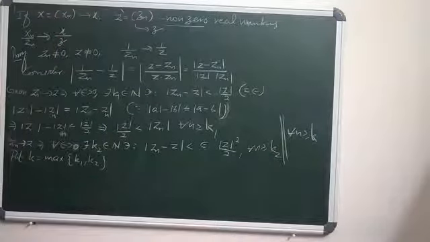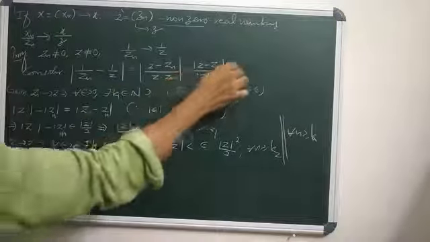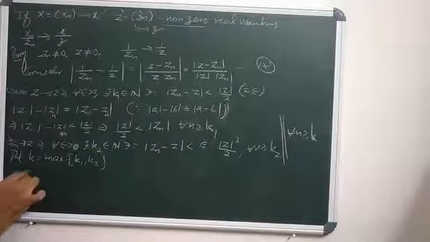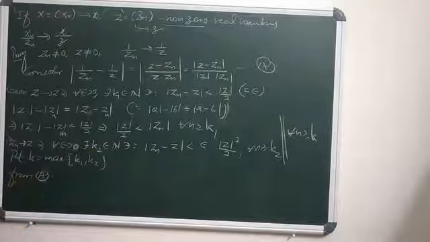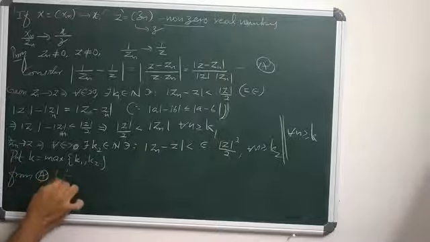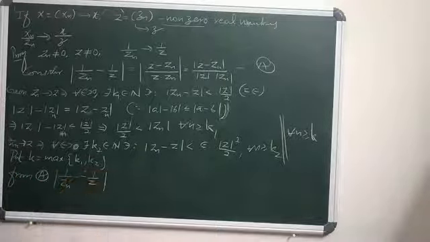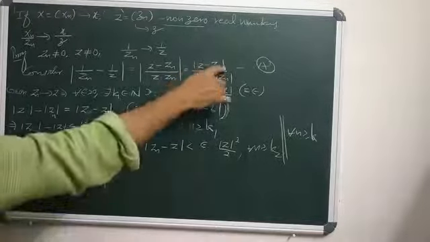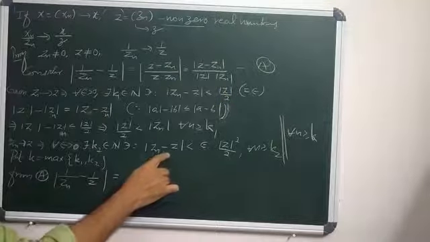Now come back to this one. From equation A, modulus of 1 by zn minus 1 by z equals mod z minus zn divided by mod z into mod zn. What is mod z minus zn, or mod zn minus z?